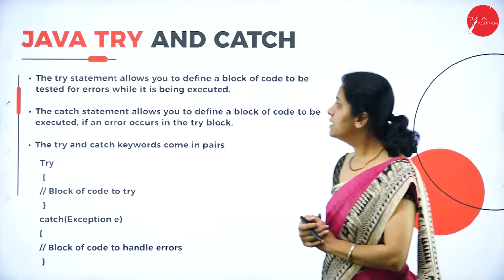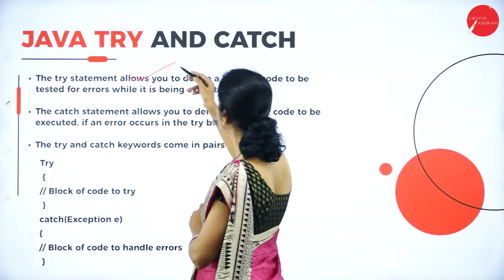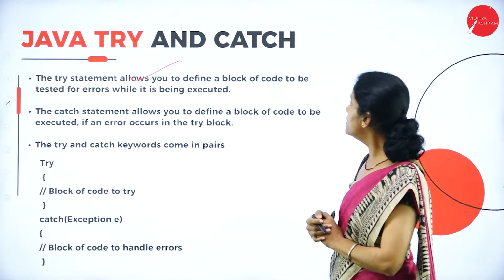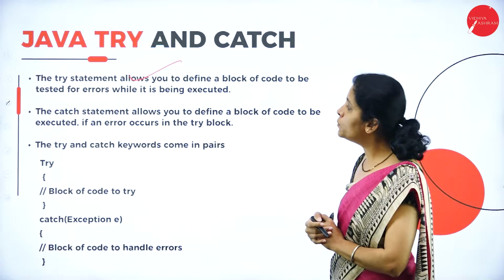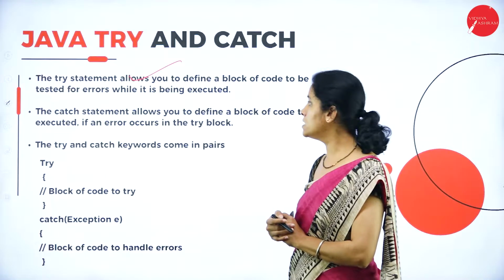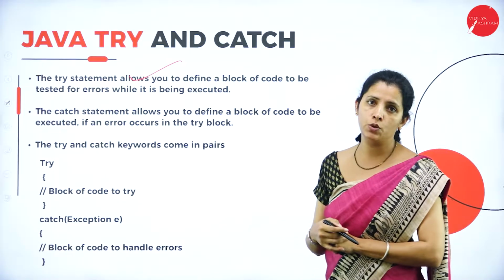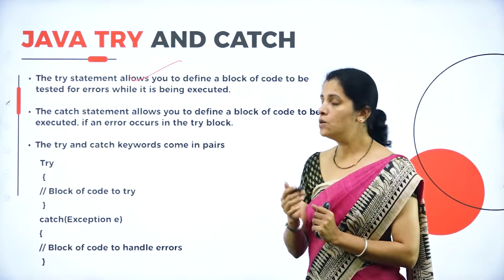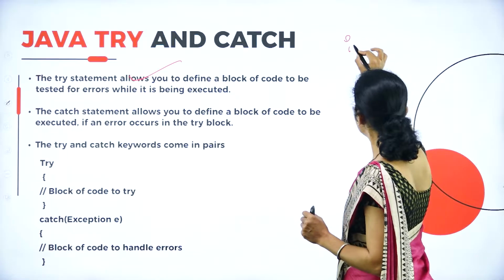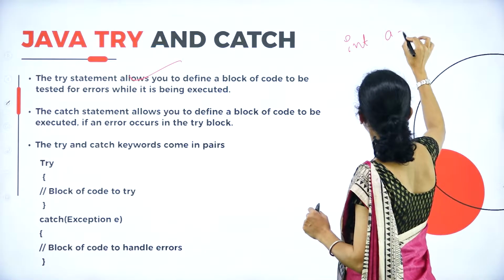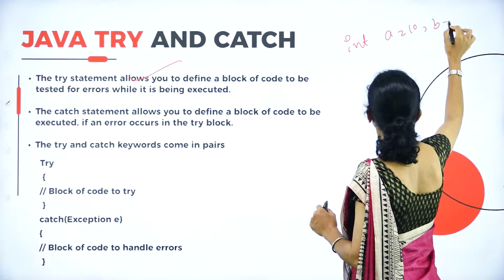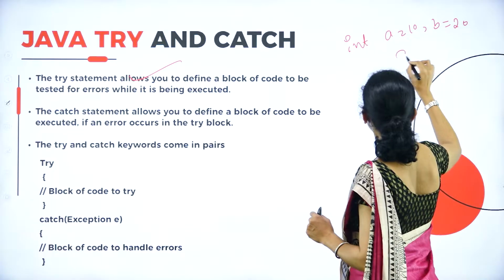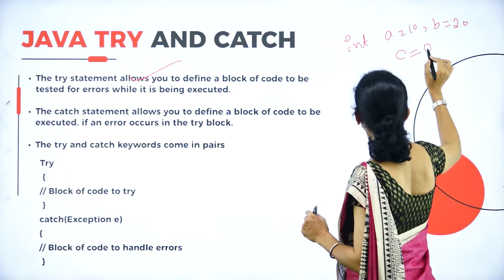Now try. A try statement allows you to define a block of code to be tested for errors while it is being executed. In the sense, okay, think that I'll take int a equal to 10, b equal to 20 and c equal to 0.